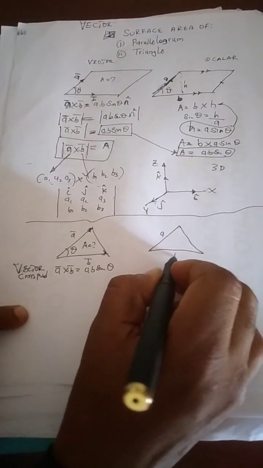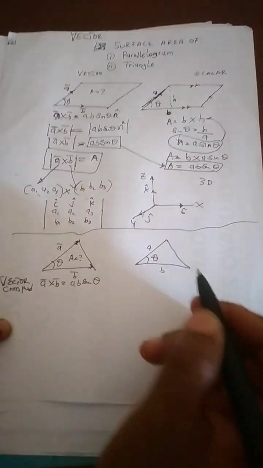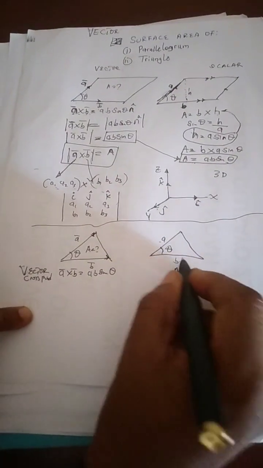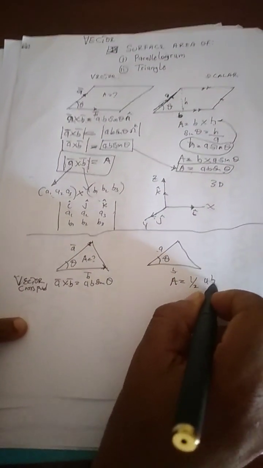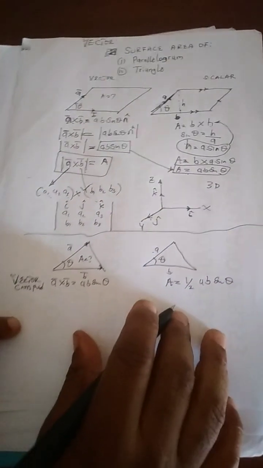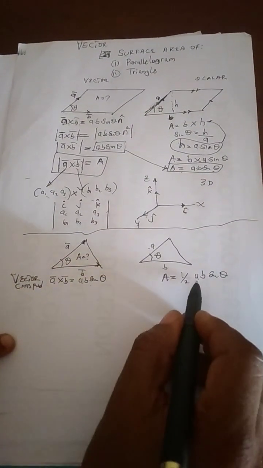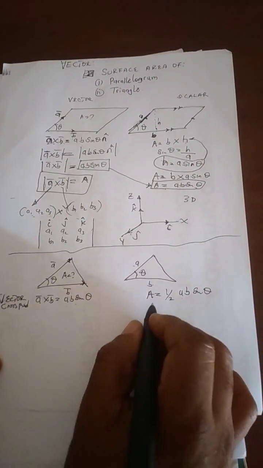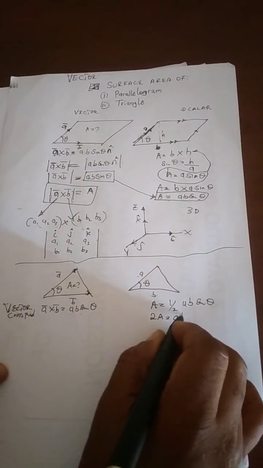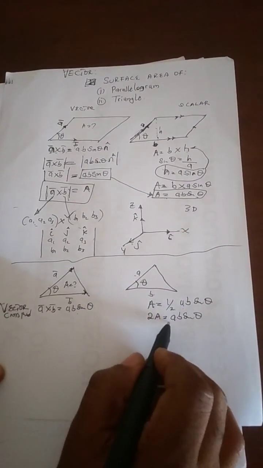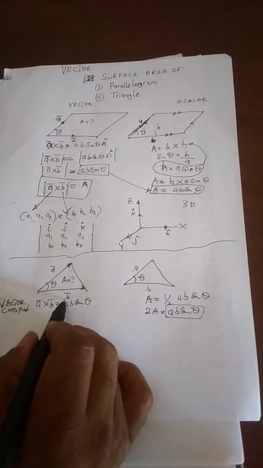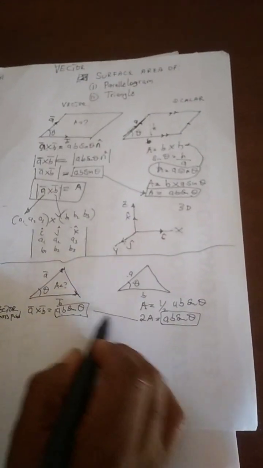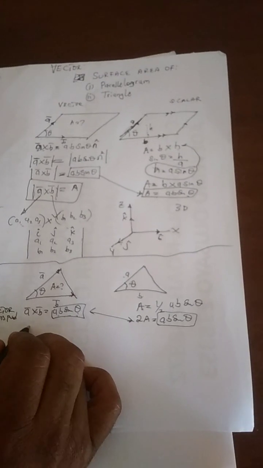So the sides will just be written as A and B and then the angle theta. We know very well that the area of a triangle given two sides and the included angle is half AB sine theta. If I multiply this A by 2, I can write 2A is equal to AB sine theta.